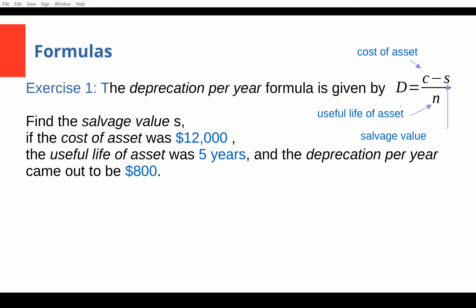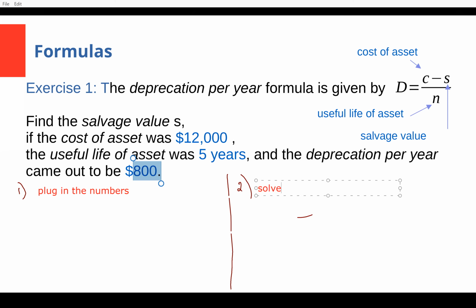But what we can do here is two options. Let me draw something here. One option is I can plug in the numbers. Number one, plug in the numbers. The second option will be to solve the given equation for S, then plug in the numbers.